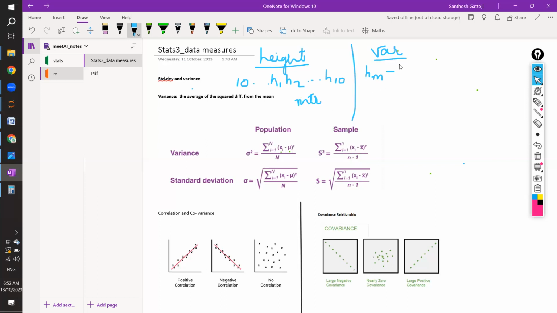If I consider h1, mean minus my value, whole square, divided by n minus 1. Okay, we'll do n minus 1. But here, when I'm doing the square, what are the units of this one, guys? hm is also height, right? This will be meters. What is this hi? This is also meters. Meter minus meter, you will get some meters. If you do the square of this, the answer will be meter square.